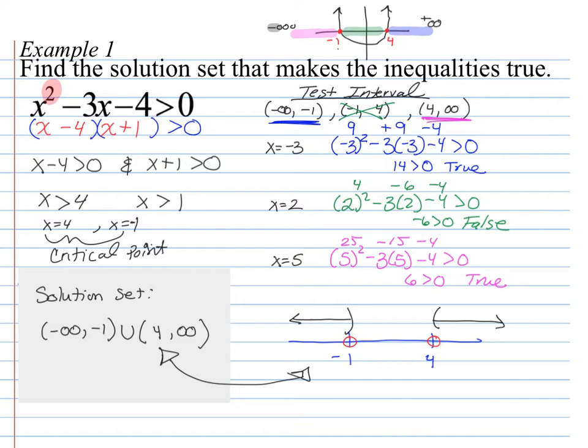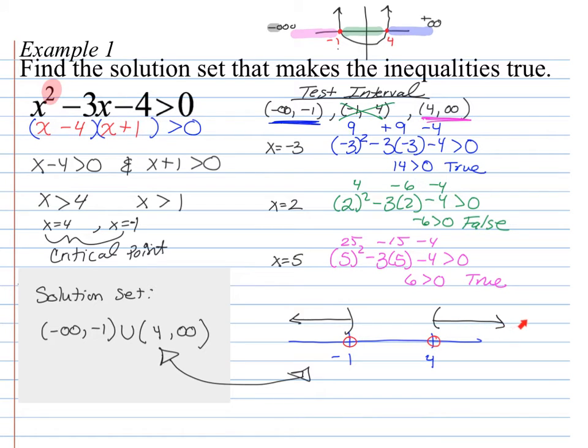So if I want to write this as a graphical representation, basically what it means is that from -infinity to -1, all of these numbers are part of my solution set, not including -1. Everything in between is not part of my solution. Then at 4 is my starting point, but not part of my answer.